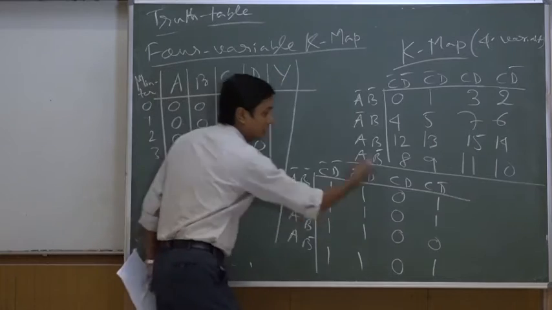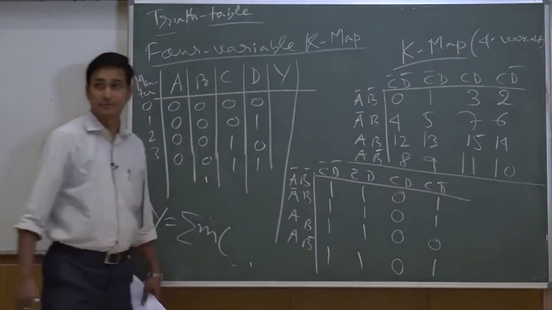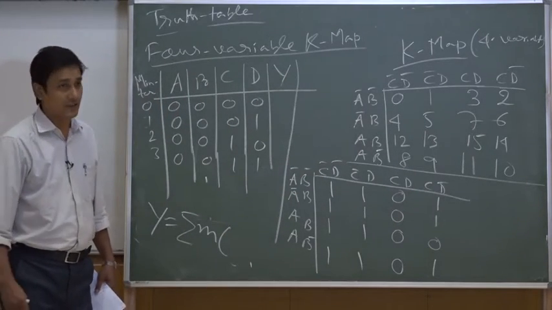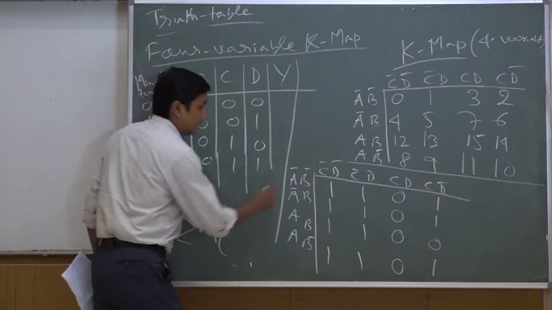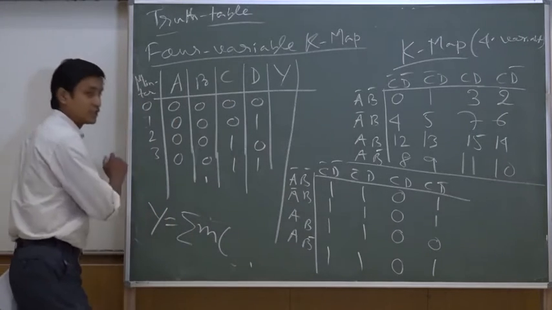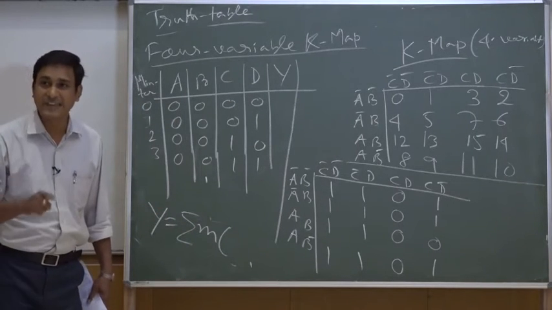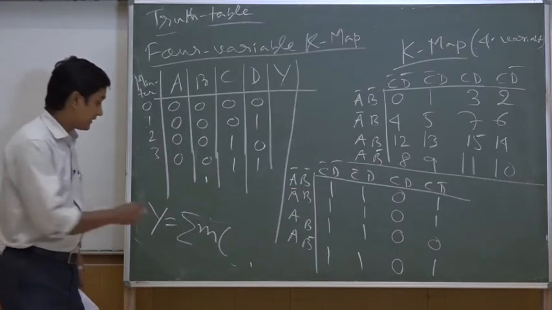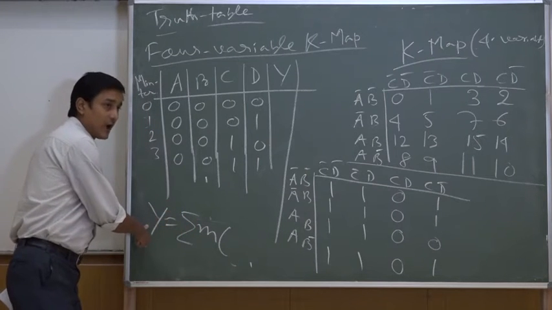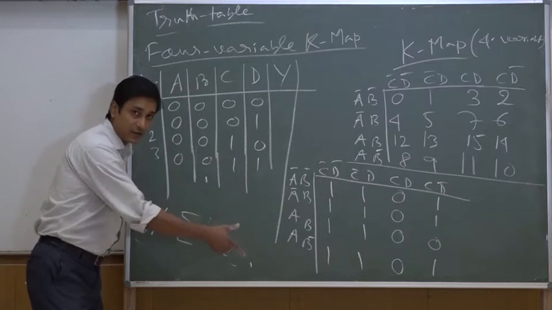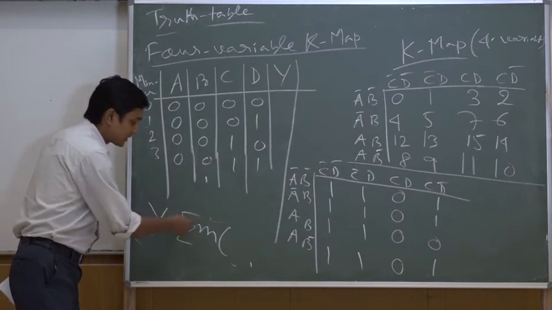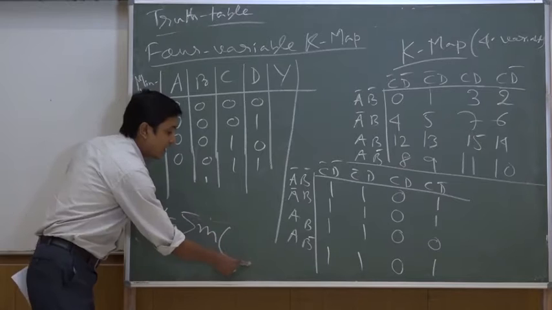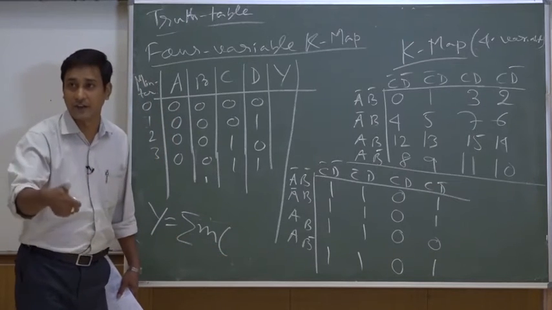For that y, the logic is already given here in the Karnaugh map. If y expression is to be found in terms of min terms, they will be summed together, because min terms are the product terms, so that I get the output.